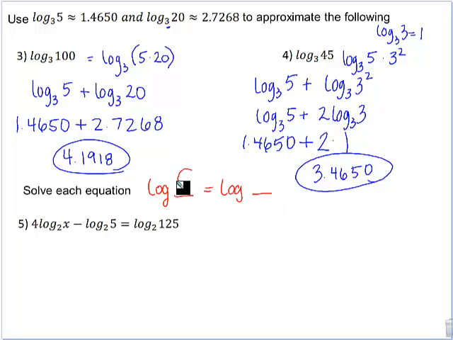If we do that, then we can just make an equation of the stuff on the inside. That was like your last 2 examples on the worksheet for today. You had a logarithm equal to a logarithm, so you just made the equation of the stuff on the inside. So we're going to have to use the properties to get it written like that. So the equation is 4 times log base 2 of x minus log base 2 of 5 is equal to log base 2 of 125.